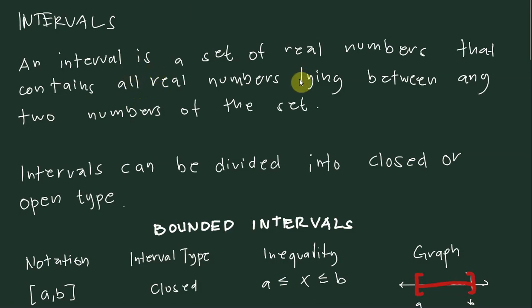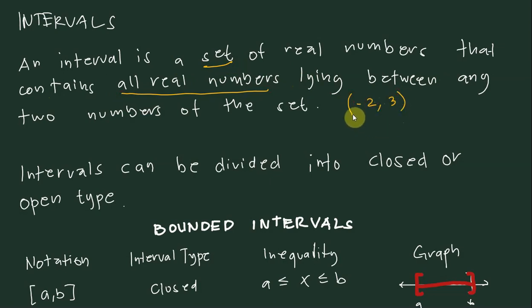So an interval is a set of real numbers that contains all real numbers lying between any two numbers of the set. An example of this would be, say, (-2, 3).